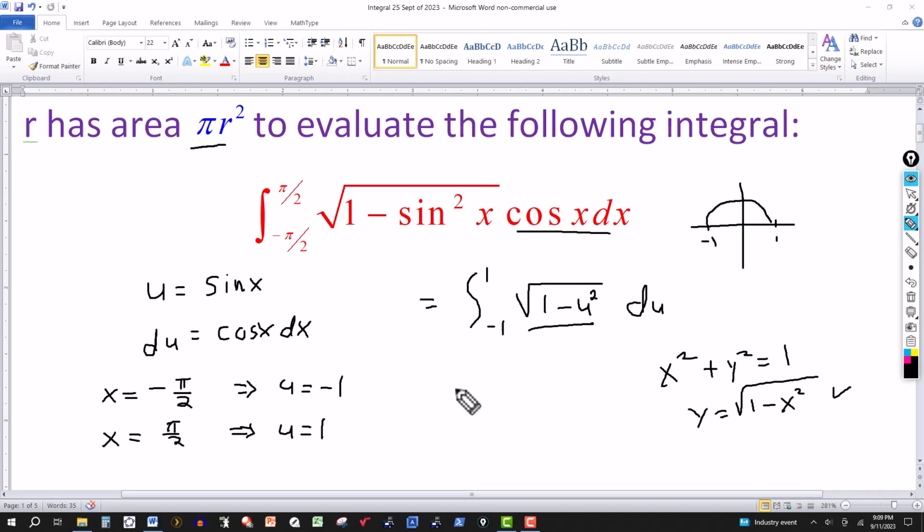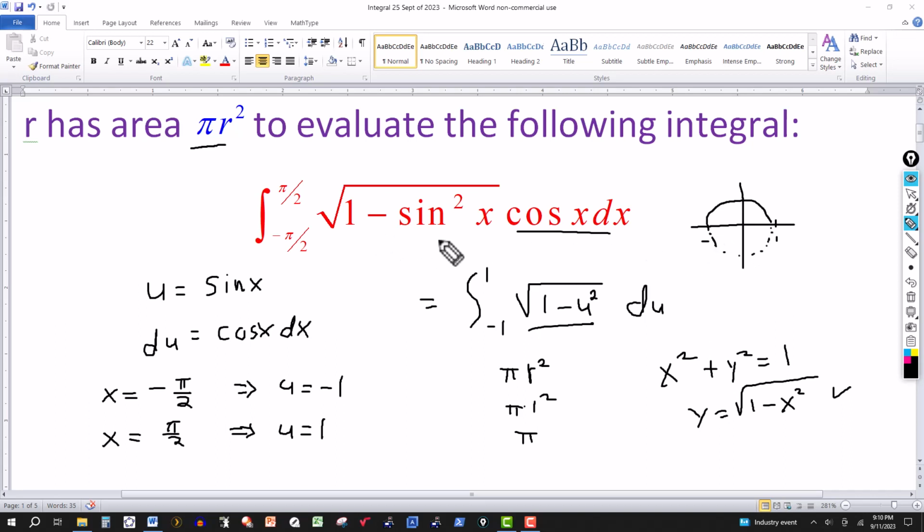So I know that the area of a circle of radius r is pi r squared. You can see here that r is equal to 1, so that would be 1 squared times pi, which is pi. Now this would give me the area of the entire circle.